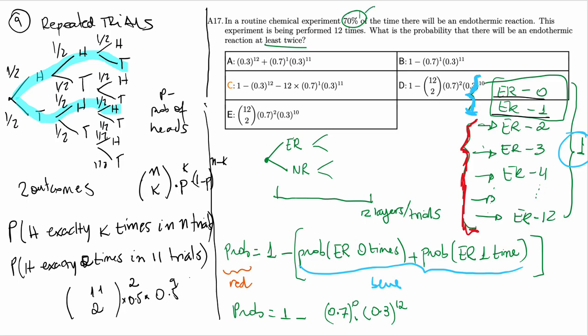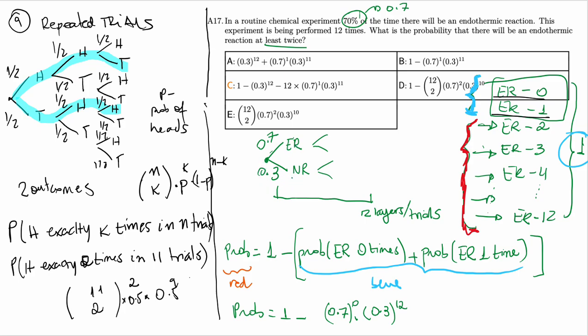So if the reaction has a chance of happening of 0.7, the not happening, so if this is 0.7, the other one needs to be 0.3, right? So if your endothermic reaction happens with 70% chance, the chance of not happening is just 30%.